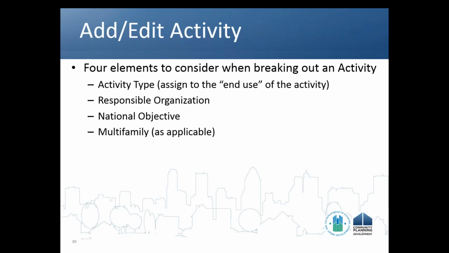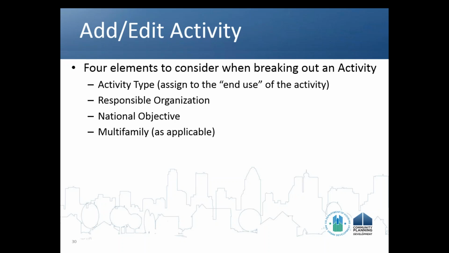Who's doing the work? What's the responsible organization? Perhaps you're a state disaster recovery grantee, and there are going to be multiple cities and counties that you're working with that are going to be the responsible organization. Perhaps you're an NDR grantee, and you're going to be working with a local watershed organization that's going to be responsible for standing up a watershed community center, for example.